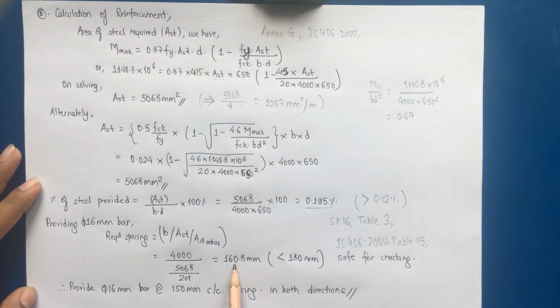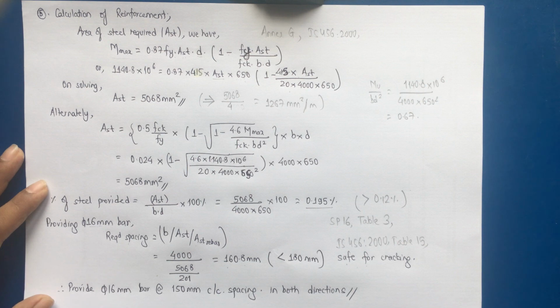We have 160.8, and considering the site workability, we will provide spacing in terms of 150, 100, 125, 175 in this fashion. So the nearer value to 160 is 150 mm, so provide 16 mm bar at 150 mm center to center.